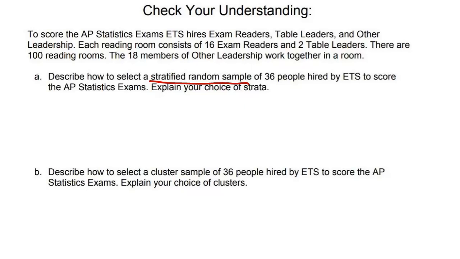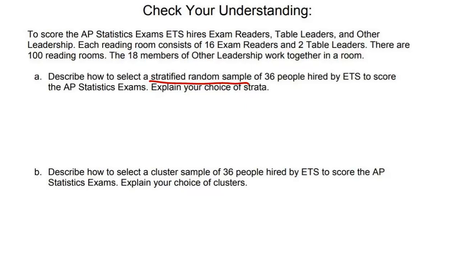We could use reading rooms as strata if we wanted. If we use reading rooms as strata, what happens to these people? Because they're part of our population too, right? So what do we do with them? We could have that as being a room. So we could have our 100 reading rooms, and then we could have the 18 members being their own reading room.